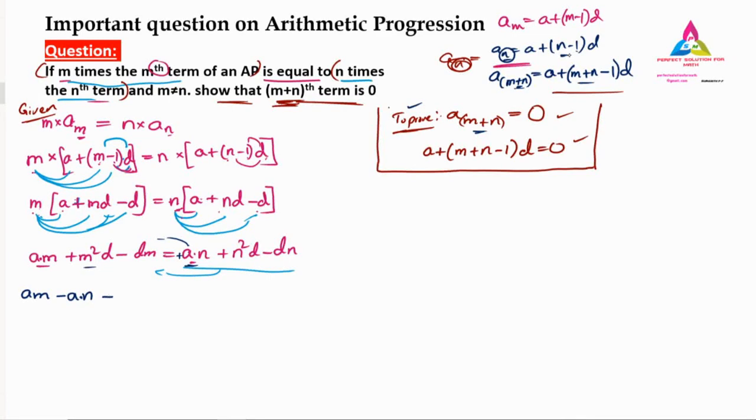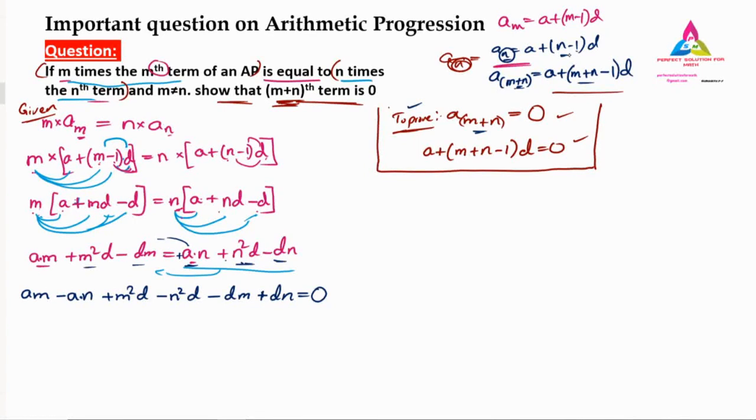Next here we have m square d, so m square d I will write down as it is. So again here you can see, here we have n square d, yes, so that is plus. So when we bring this side, it will become minus n square d. Now lastly we have minus d into m. So here you have minus dn, that if we bring on the left hand side, it will become plus dn. What is left on the right hand side? Nothing we have, that is equal to 0.